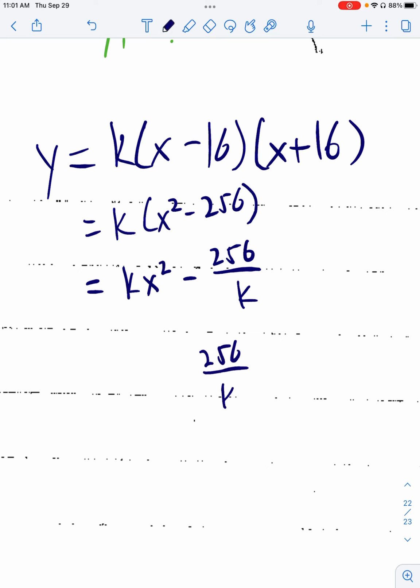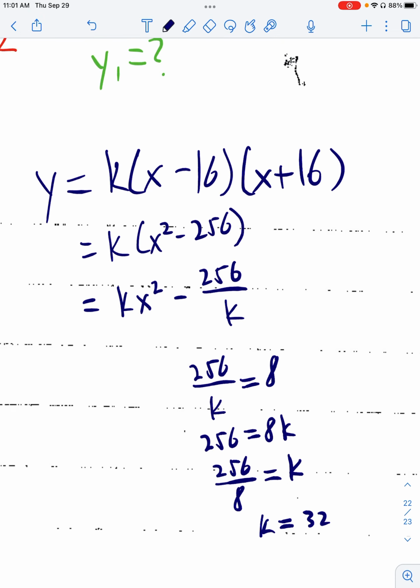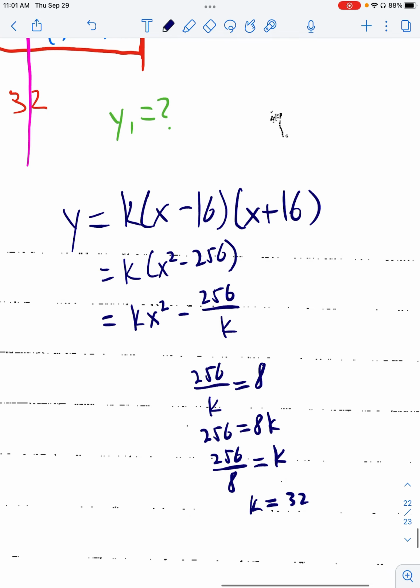So let's solve for k. We get 256 equals 8k, or 256 over 8 equals k. Let's put that on my calculator. There we go. We get k equals 32. So we need this k here to be equal to 32.